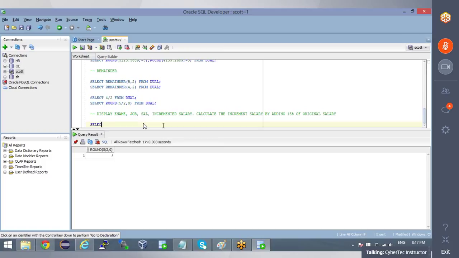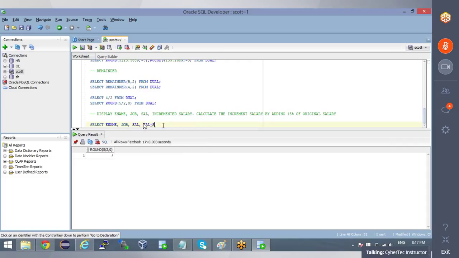Now what would I do? Select ename, job, salary. I do not have any column called incremented salary in my employee table. So what is the criteria here? I have to calculate the incremented salary by adding 15% of the original salary to the existing salary. So what would that be?